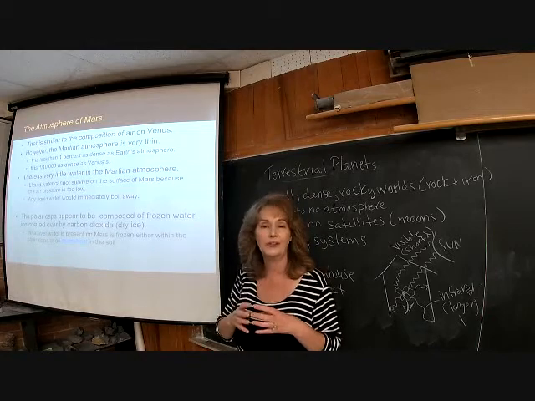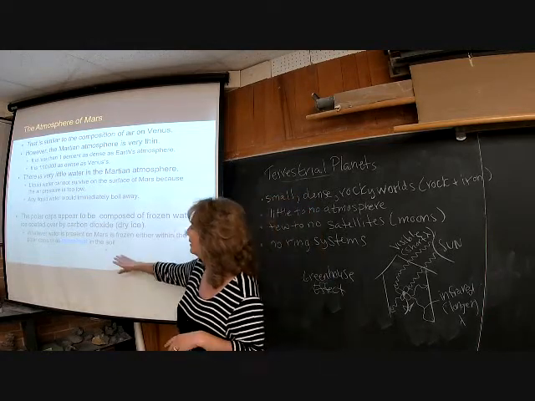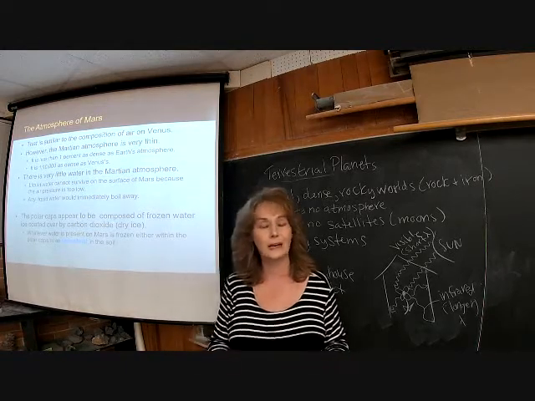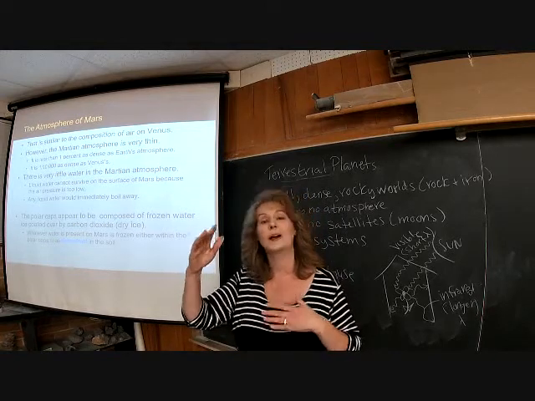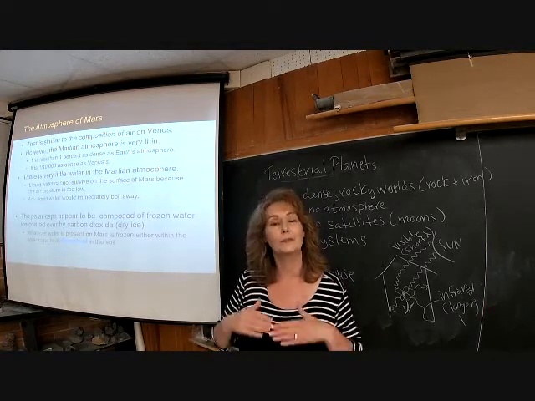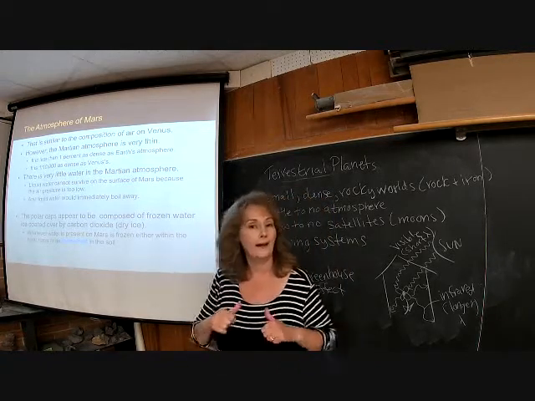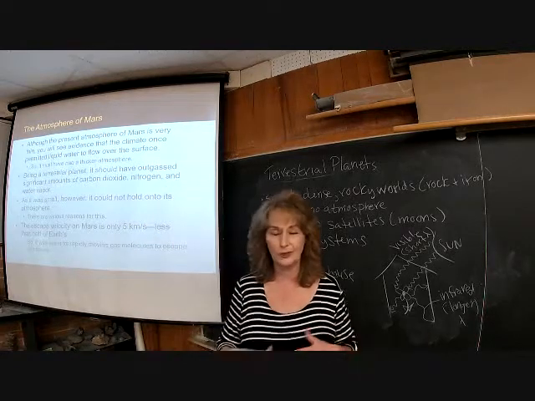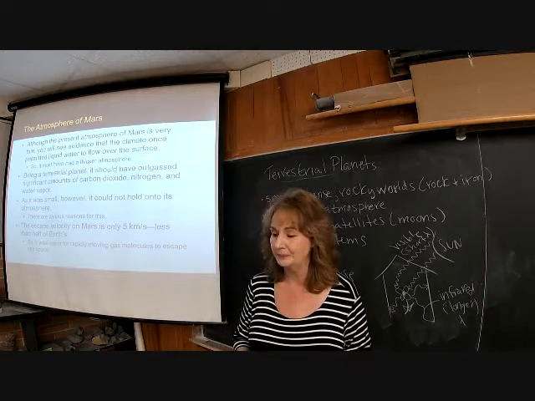It's probably within those polar ice caps if we're going to find water, or maybe permafrost, permanently frozen in the soil. But frozen carbon dioxide, or dry ice, at the poles, and probably a little bit of frozen water on the poles of Mars anyway, but certainly not a flowing river or an ocean, not nowadays anyway.